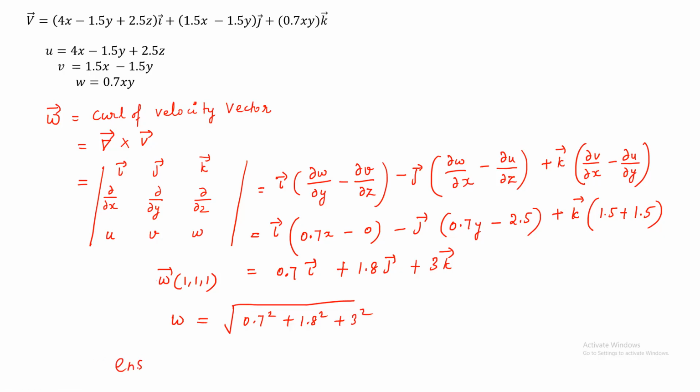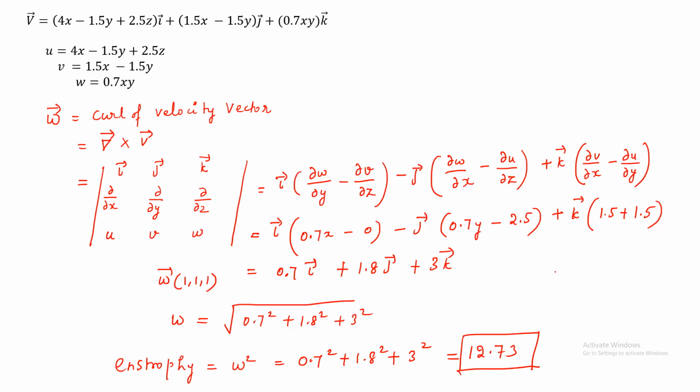Now the entropy is omega squared, so when we square the magnitude, the square root gets cancelled and we get 0.7 squared plus 1.8 squared plus 3 squared. If we find the value, it comes out to be 12.73. This is our entropy value for this problem.